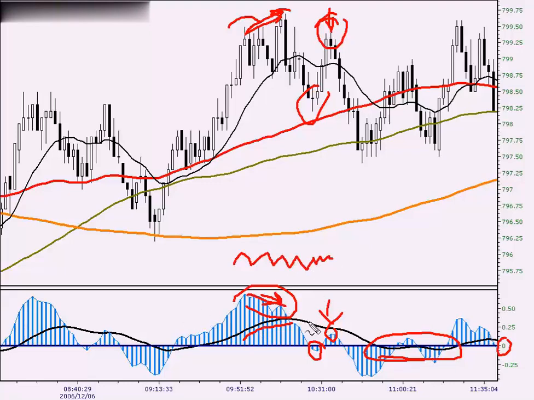MACD doesn't have that mathematical limitation. It is not bounded. It can go higher than, well, it's not going to be 100 because it doesn't use those same numbers, but it has no limit as to how high it can go mathematically, or how low it can go. However, it's still considered an oscillator because it's going to oscillate around the zero line here.